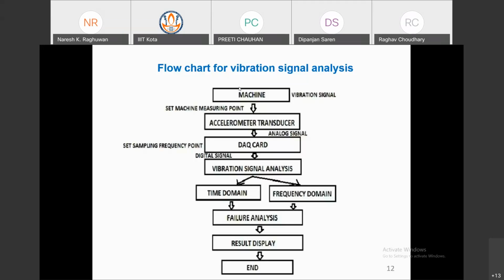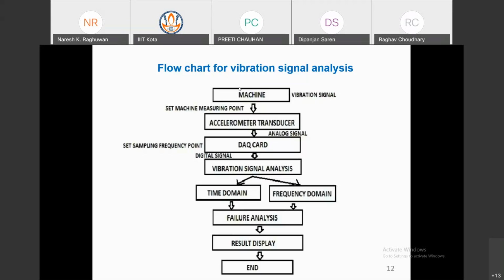These are some electrical portions after capturing this analog signal. In the digital form, then vibration signal analysis. Then you have some DAQ card. After that, you have vibration signals, maybe in displacement form, velocity form, or acceleration form.